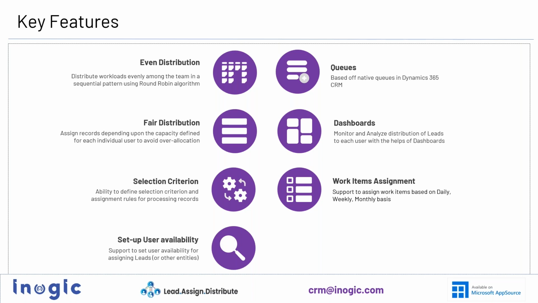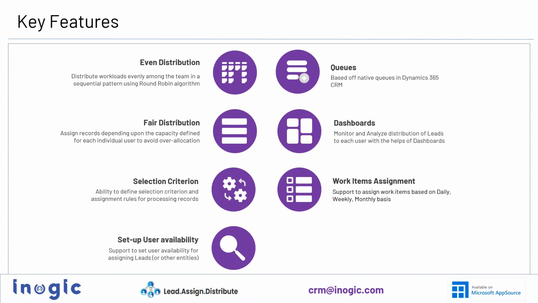Don't worry about the algorithm; I will be explaining the algorithms that the solution supports very shortly. Next is the fair distribution, in which the records are assigned to the resources based on the available capacity of the resource. Then we also have the criteria selection.